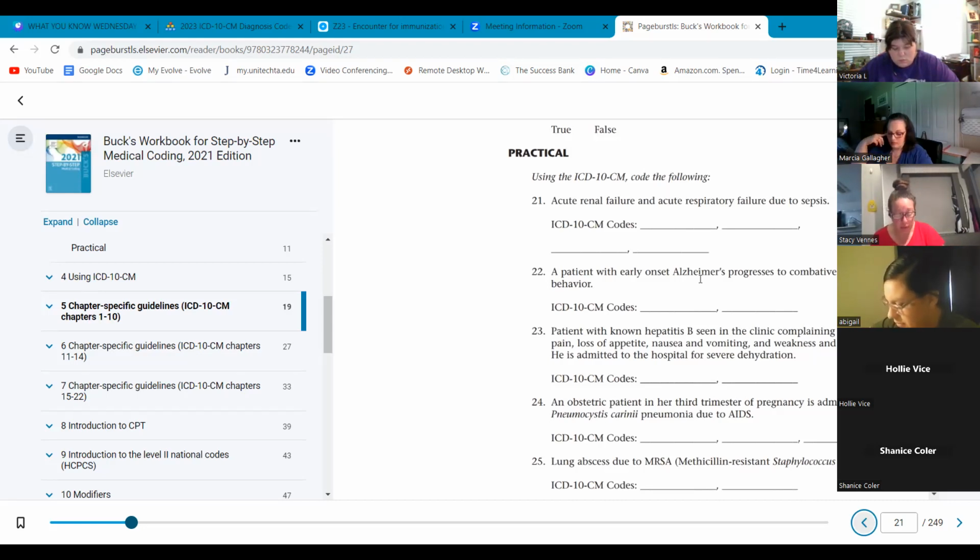So you lost me. Why did we go to this F? Because when we looked at our code in the index, it said G30.0, and I pointed out there were brackets beside it that indicated F02.80, which means that code will usually use a second code. So I said, write that code down so we could see where it fits in. So when we went and found G30.0, we looked at our includes notes and code also, and it gave us that code again for behavioral disturbance.